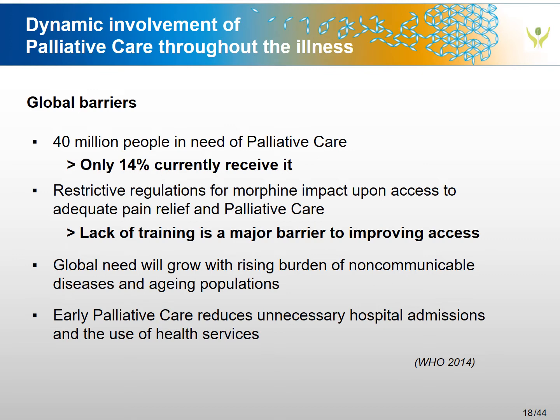This resolution also indicated that the global need will grow with rising burden of non-communicable diseases and aging populations. Finally, it showed that early palliative care reduces unnecessary hospital admissions and the use of health services, which comes with reduced costs for health expenditures.